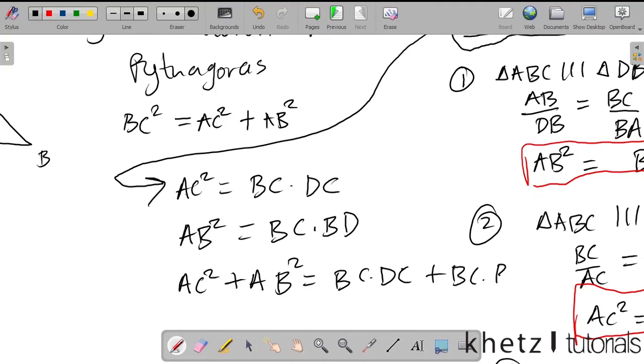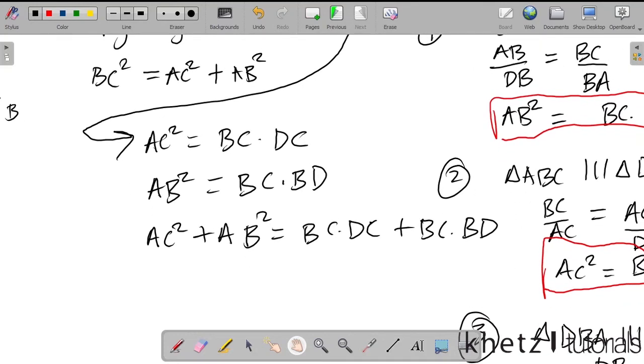And from that, we can see that we have a common factor, BC, and we can take that common factor out, and we're going to multiply that by DC plus BD in the bracket.